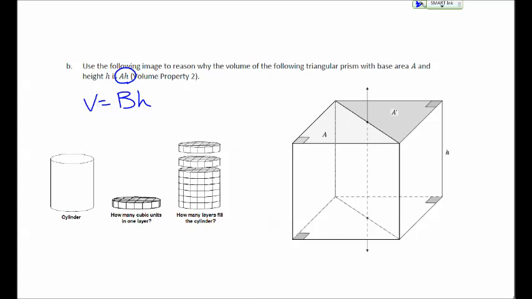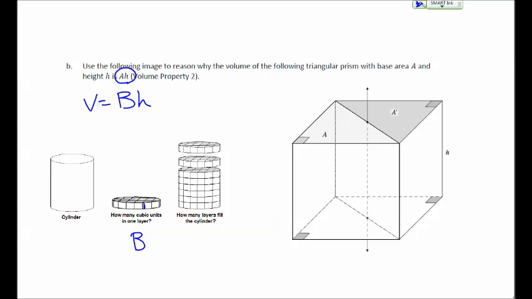The volume of the cylinder, and we'll talk more about cylinders in a future lesson, is the number of 1 unit by 1 unit by 1 unit cubes that fill that space. But the way I think that through is I think about capital B, the area of the base.